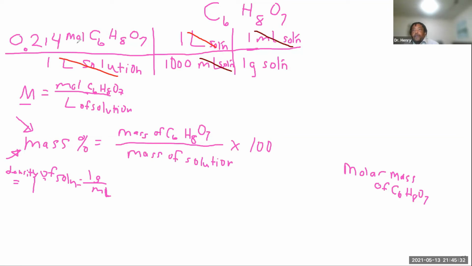So how can I get rid of moles and change that to grams? By the molar mass. That's right.